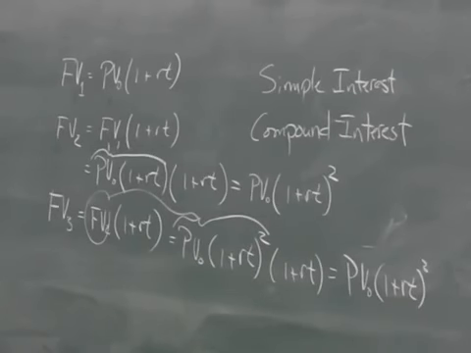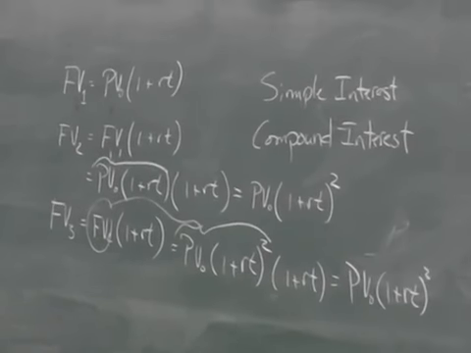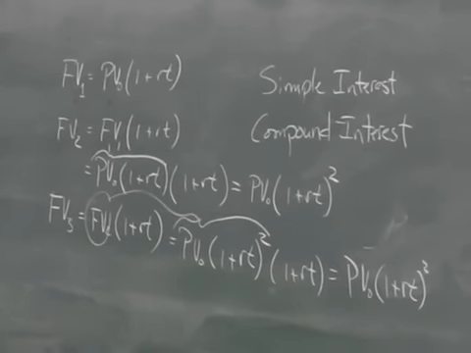So at the end of the fourth year, it's going to have an exponent of 4. And at the end of the fifth year, it's going to have an exponent of 5, and so on. So the future value at the end of n years is PV0.